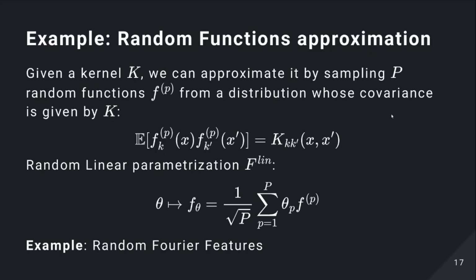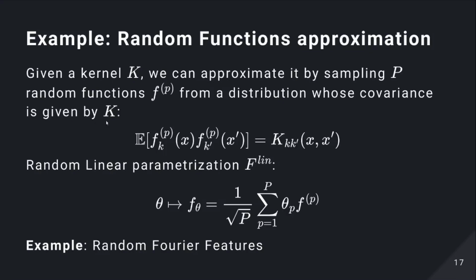And it's useful to show an example that does not necessarily involve neural networks, and that's the one from the paper. Given some arbitrary kernel k, we can approximate it by sampling some random functions f_p from a distribution that has covariance given by k.